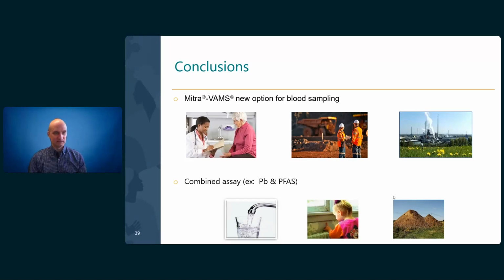And last but not least, the idea of a combined assay, for example, for lead and PFAS, as a result of water contamination. So with Mitra VAMS, it's now possible and easy to collect blood samples, and this opens the doors to creating science and knowledge about the impact of different contaminants on human health.